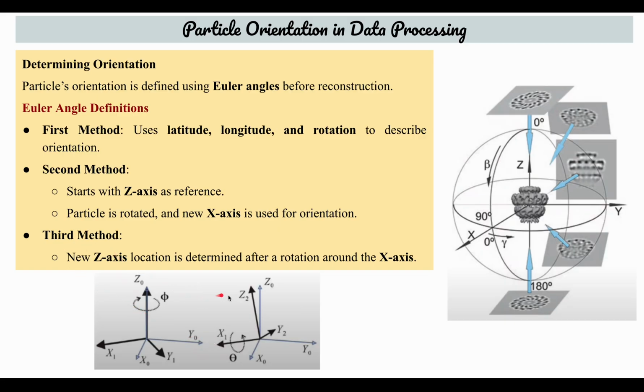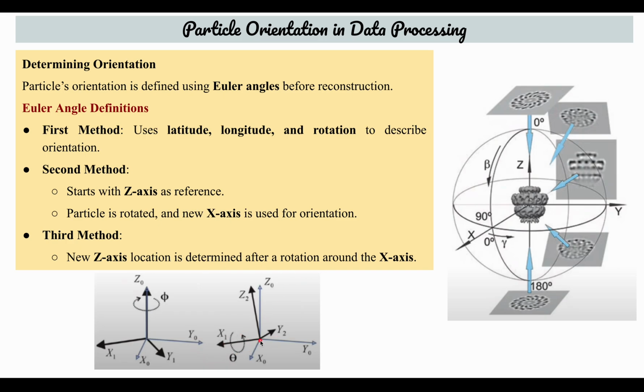The third method is that we fix one of the axes, such as the z-axis, and we rotate the particle around the z-axis, then around the x-axis, and then we can obtain different z and y values. In this way, the new z-axis location is determined after rotation around the x-axis.